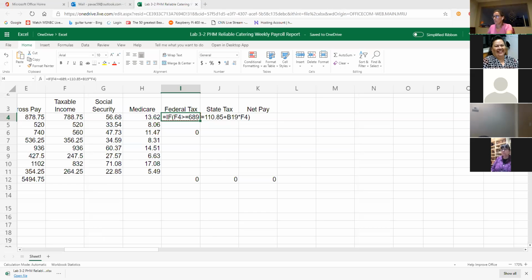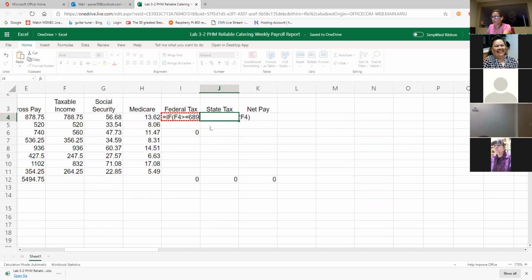Okay, so it wants the absolute value. And here they want the F. Let me check again, okay?